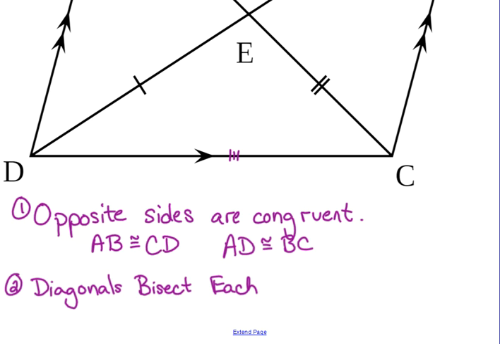AC is not the same length as BD. That's pretty obvious on the diagram there. But AE is congruent to EC, and DE is congruent to EB. Okay, they cut each other in half, but BD is longer than AC.